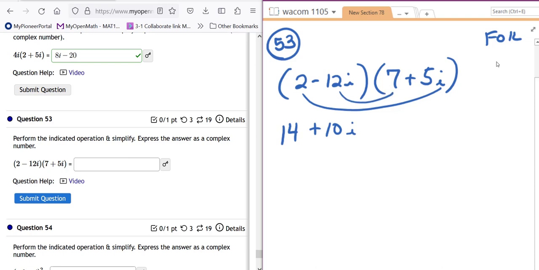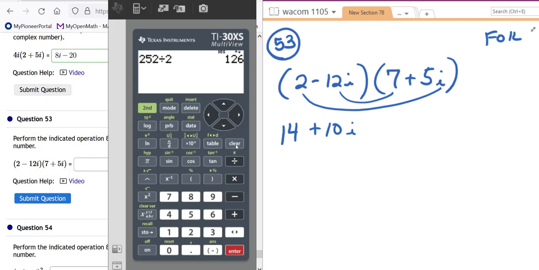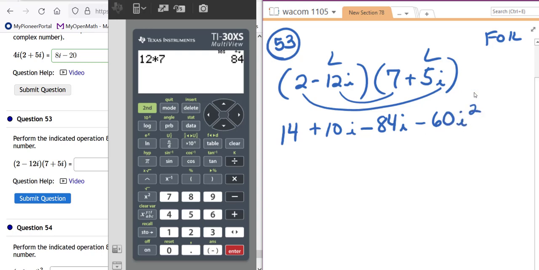Inside, let's see, I have 12 times 7. So we'll pull a calculator. 84, and it has a negative. Negative 84i. Right, and last, you have a negative 60, but you have i squared. i squared gives you a negative 1 times a negative 60 makes a plus 60.